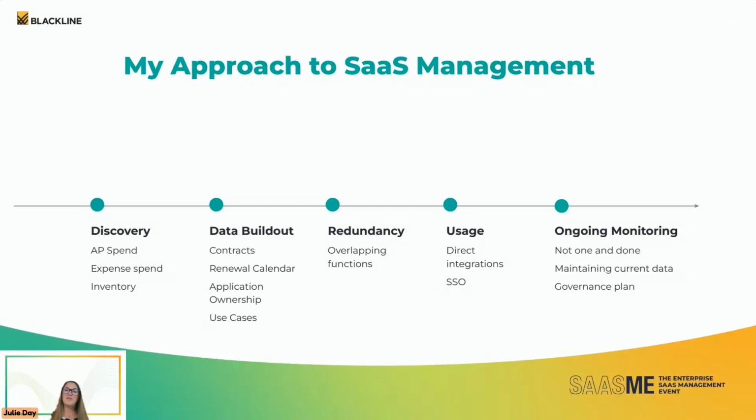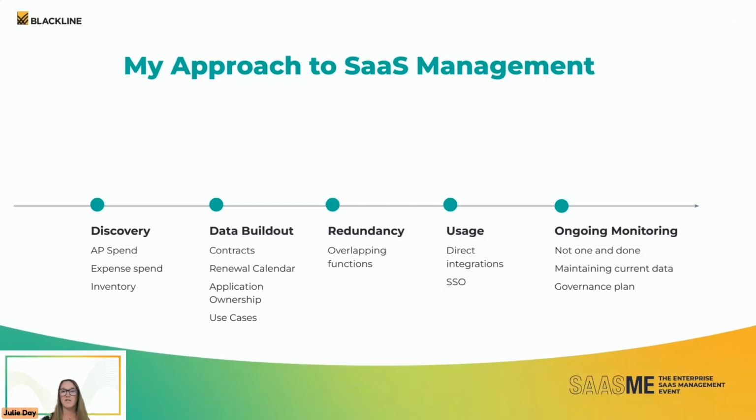But with all this in place, SaaS management is not a one and done scenario. There's always ongoing monitoring that has to be done. So making sure that renewal contracts are uploaded on a regular basis, making sure the data doesn't get stale, looking for efficiency opportunities, and Zylo also gives the ability to pull reports.